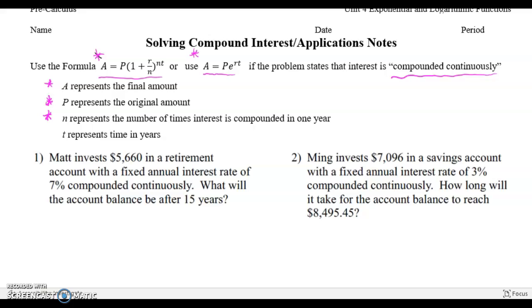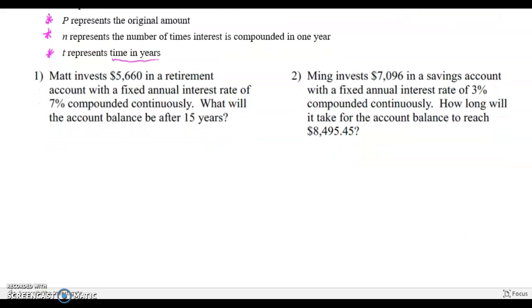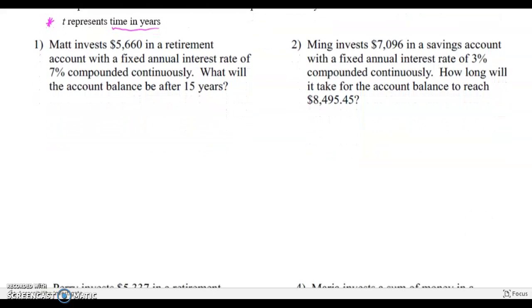If they say monthly, that's 12 times a year. If they say daily, that's 365 times a year. If they say quarterly, it's 4 times a year. And t is the last variable. It's in both formulas and it represents time in years. So if they say 6 months, we have to use 0.5. 6 months is 0.5 years.